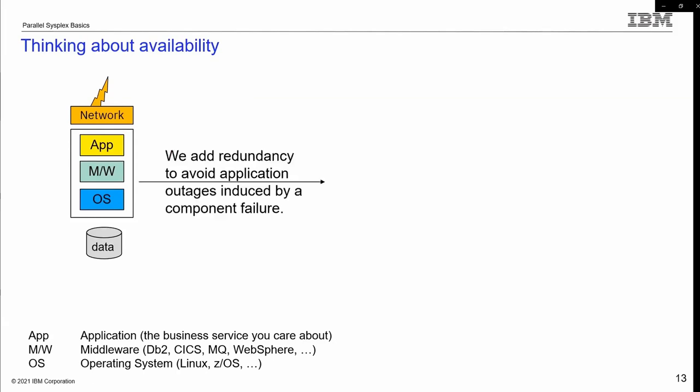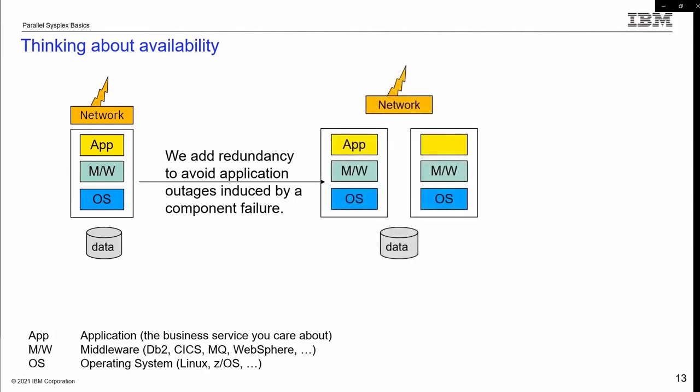So we might think of adding some redundancy to avoid this outage instead of having this single point of failure. And so we might consider a model that looks something like this, where we have an application that maybe can be replicated to run in 2 places at the same time.